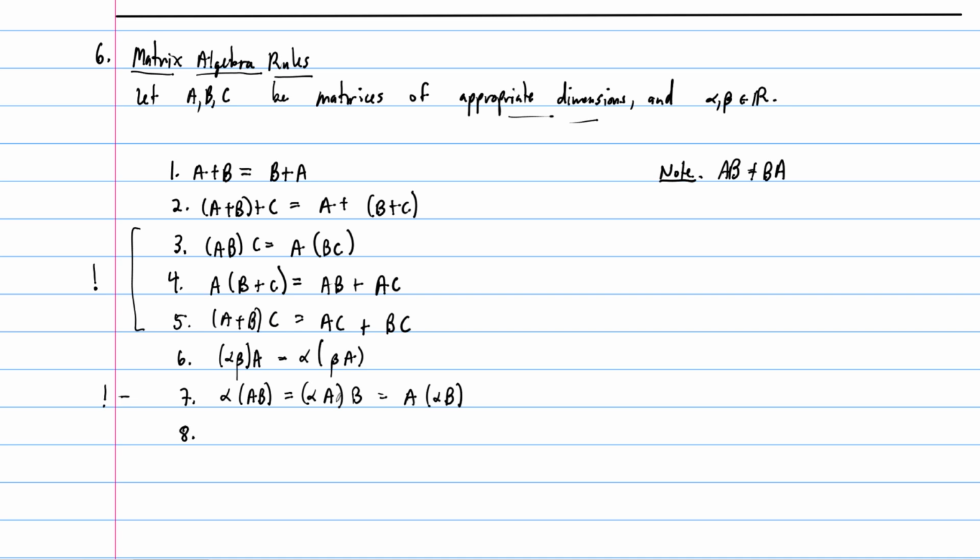It's pretty straightforward. And then a couple distributive properties. So (α + β)A is αA + βA. And similarly, α(A + B) as matrices is αA + αB.